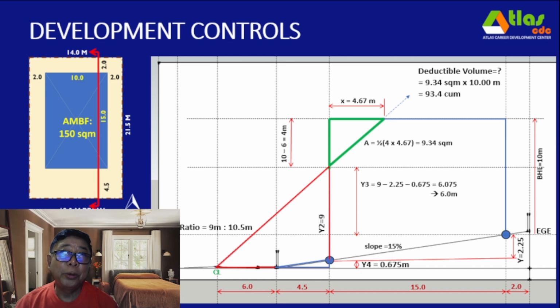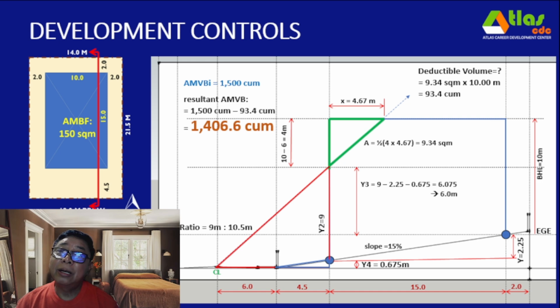We have computed earlier the AMVB initial, which is at 1,500 cubic meters. So to compute now for the final AMVB or the resultant AMVB that is in consideration of the natural light and ventilation requirements along road right-of-ways and front yards, it means that our AMVB will be your initial AMVB of 1,500 minus this deductible volume of 93.4 will give you a final value of 1,406.6 cubic meters.